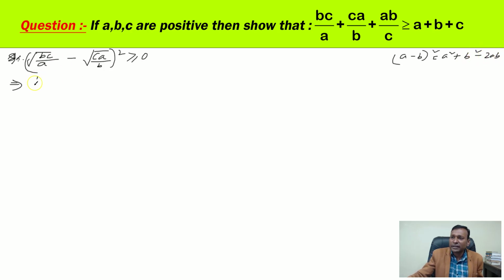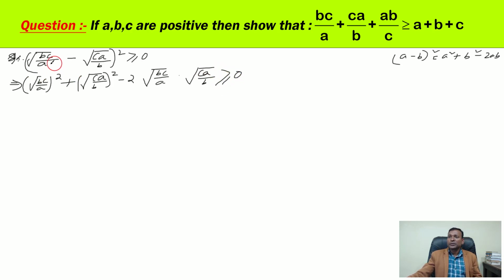So I can write root over BC by A whole square plus root over CA by B whole square minus twice AB.